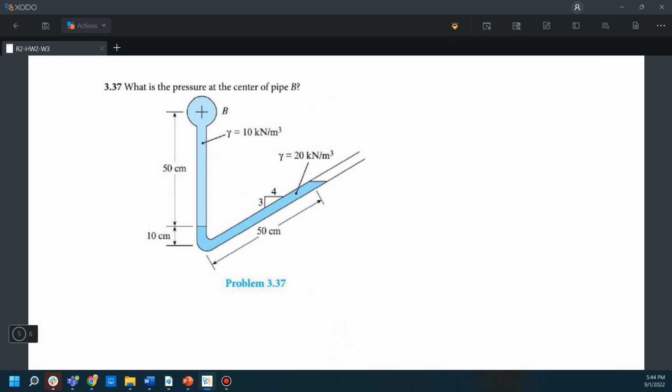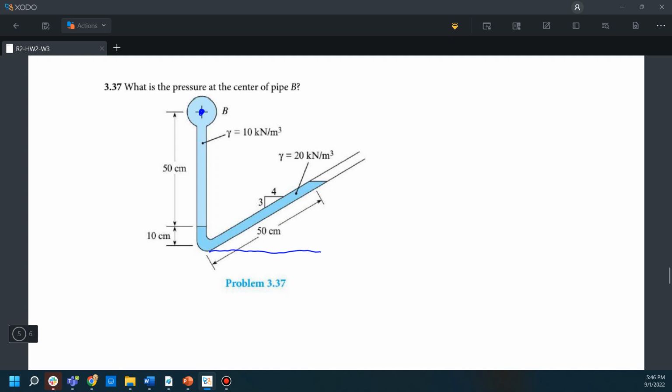So we have a similar problem, and we want to calculate the pressure at the center of the pipe B. So again, we will use the hydrostatic concept, and because for the pressure we only consider the vertical distance, we first convert the right-hand side of the figure into the vertical distance.